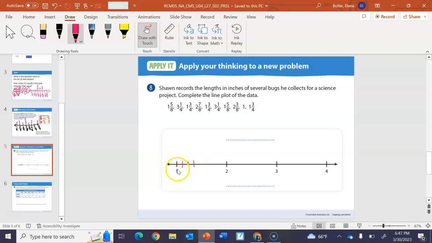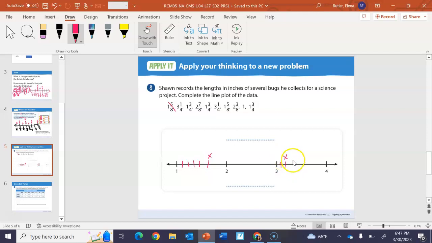So this would be 1/8, so 1 whole and 1/8, 1 whole and 2/8, 1 whole and 3/8, 1 whole and 4/8, 1 whole and 5/8. So my 1 whole and 5/8 should go here. And then I have 3 wholes and 1/4, and I know 1/4 is equivalent to 2/8. So I'm going to put my 2/8 right here to X.